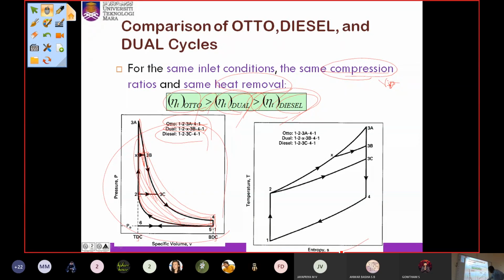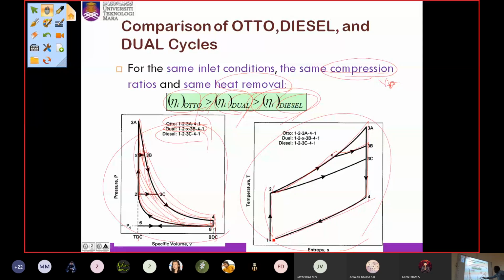Also, you can compare with this TS diagram. So this 1, 2, 3, and 4 is your Otto cycle. Then again 1, 2, X and then 3, then 4 is your dual cycle.